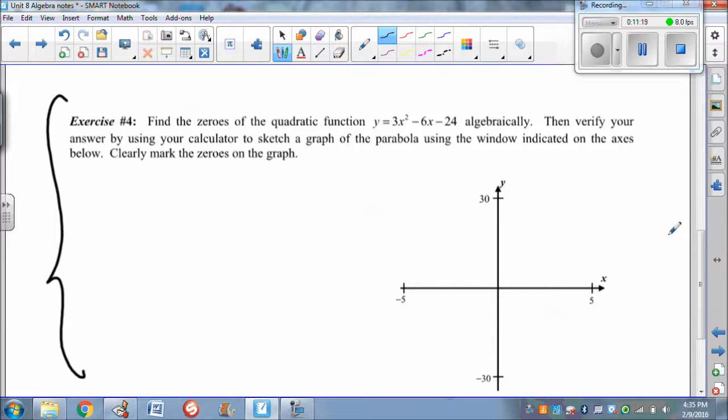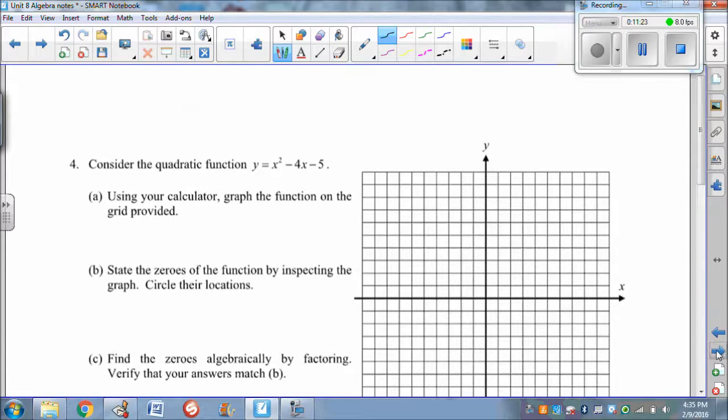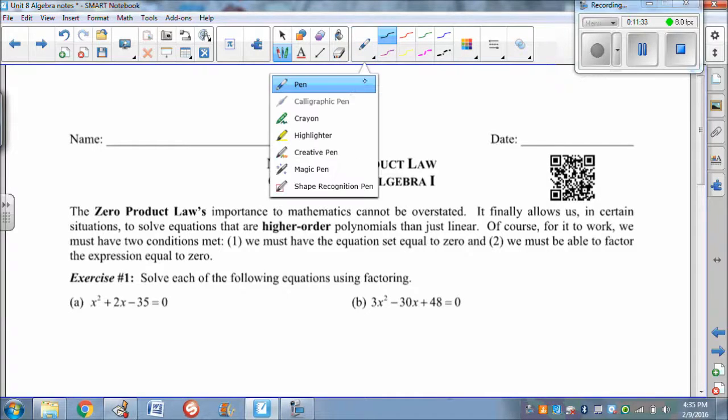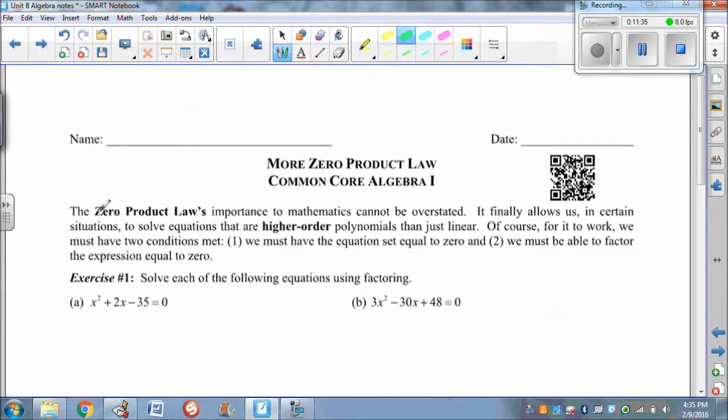Okay, let's go ahead and flip over to lesson 7. So more zero product law. We'll do a couple of these questions in here, but it's still the same idea. The zero product law's importance cannot be overstated.